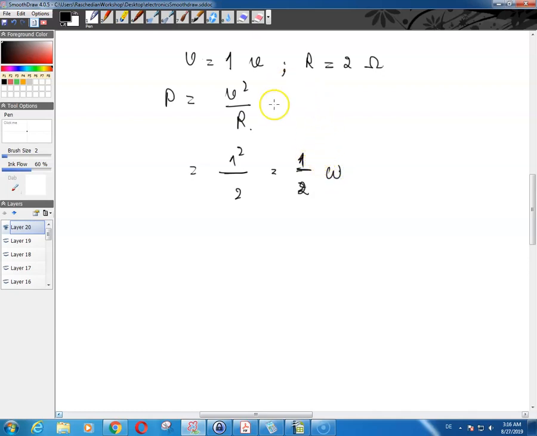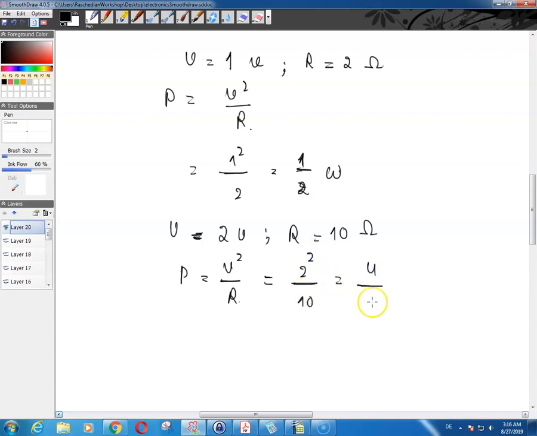Or if you have a voltage of 2 volts and a resistance of 10 ohms, then P is equal to V squared over R, which is equal to 2 squared divided by 10, which is equal to 4/10, which is equal to 1/5, which is equal to 0.2 watts.